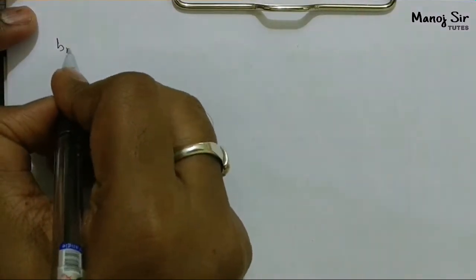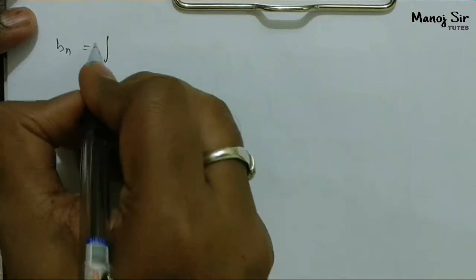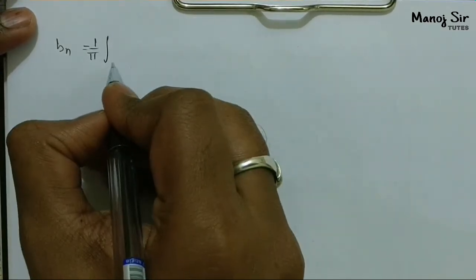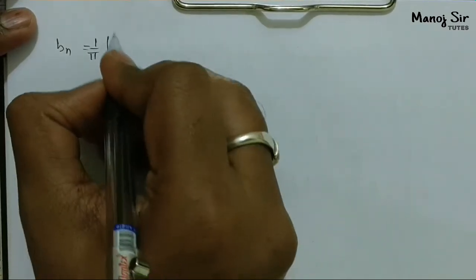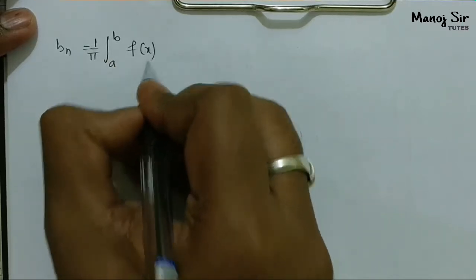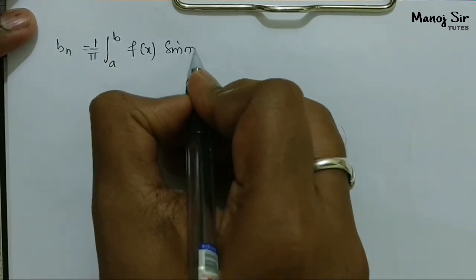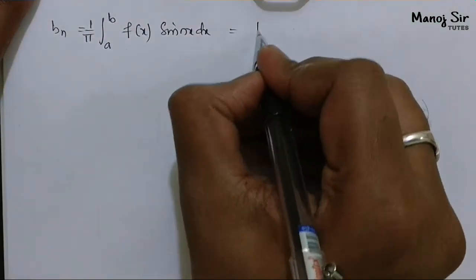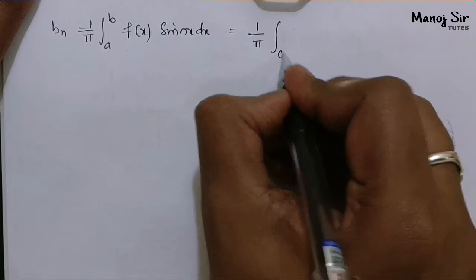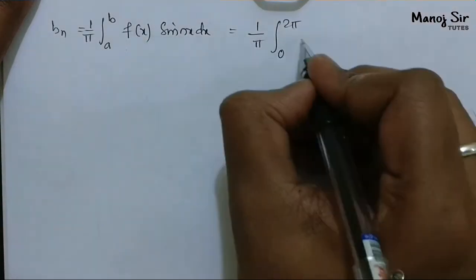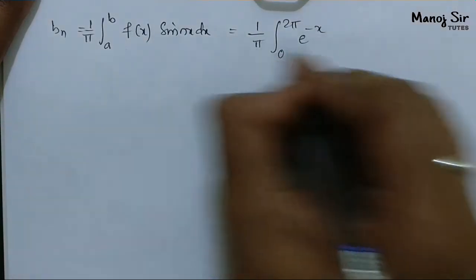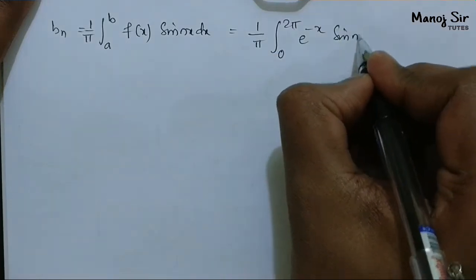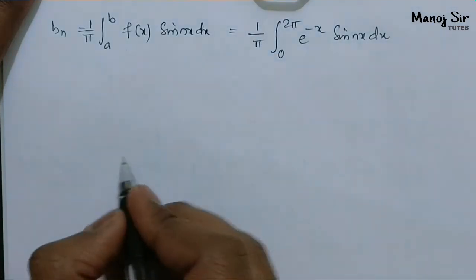For bn we have 1 upon pi integration limit a to b f of x sin nx dx. 1 upon pi limit 0 to 2 pi, f of x is e to the power minus x sin nx dx.